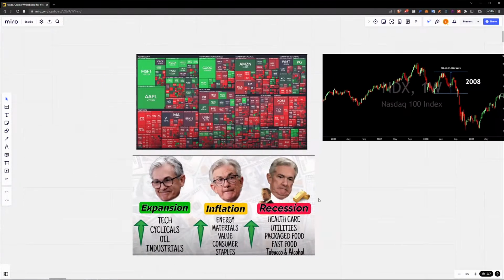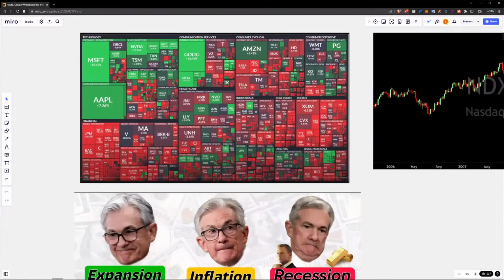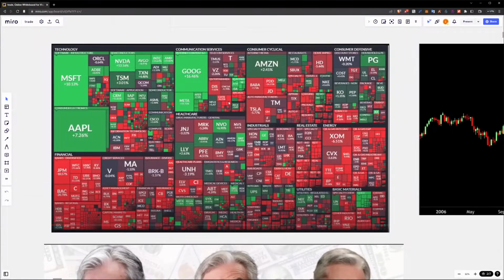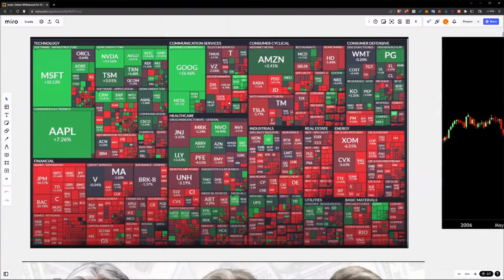But when you check the market performance for the last few weeks, the sector performances of the big names, we can see that technology is now leading. It's a huge performance, and the financial side is lagging big time.